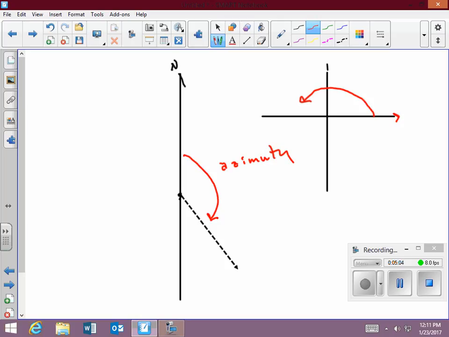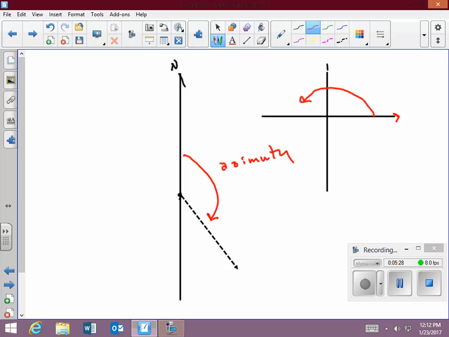Azimuth and bearing are used in navigation, and in trigonometry, angles are measured from the horizontal, from the x-axis, always from the positive side of the origin out to the right.